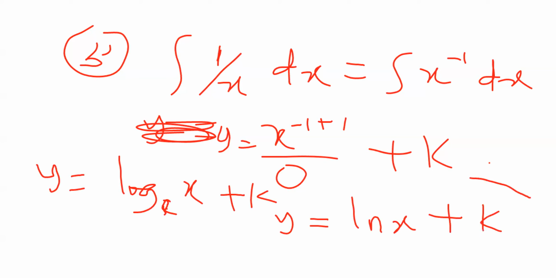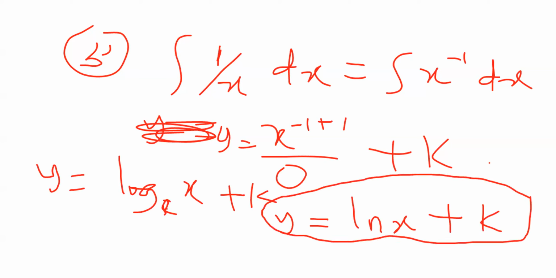That's the answer. So anytime you have 1 over x, it's going to be logarithm of x in base e, which is also known as natural log of x, ln x, or log x in base e. So anytime you have this kind of integration, where we have 1 over x, where the result will involve us dividing by 0.